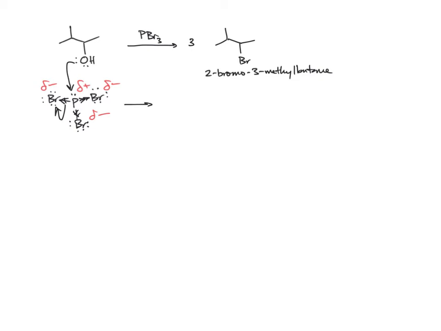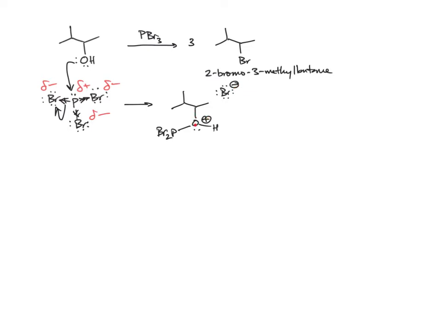So as we move forward here, we're going to end up with, at this point, oxygen is plus charged. We have the bromide anion floating around. We've balanced plus with minus, so we're charge neutral.